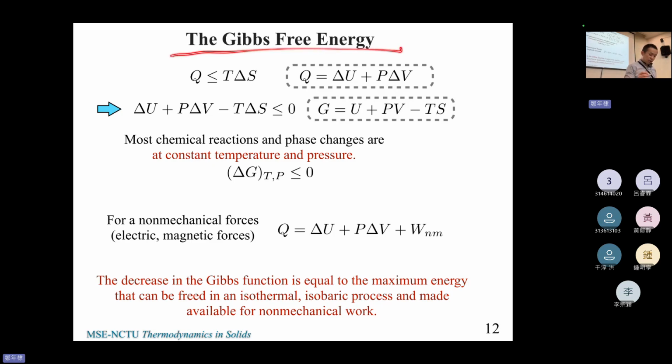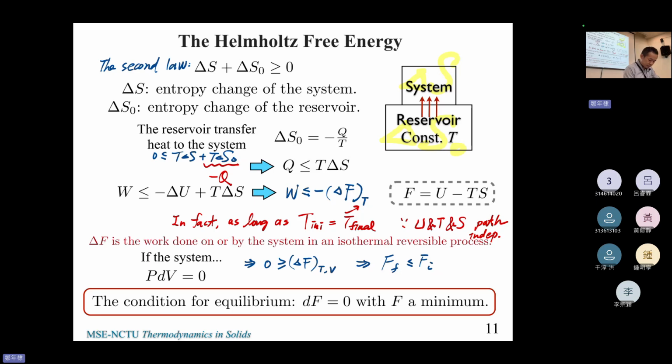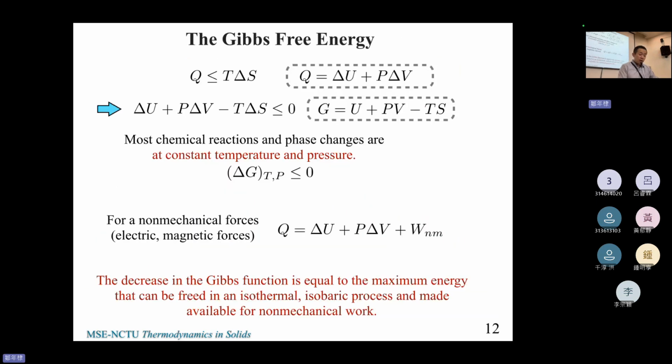The Gibbs free energy: Q less than or equal to T delta S, right? That's what we learned here. Next, we know that Q equals delta U plus P delta V. If we put everything here and push it to the left-hand side, we can write that very long expression.